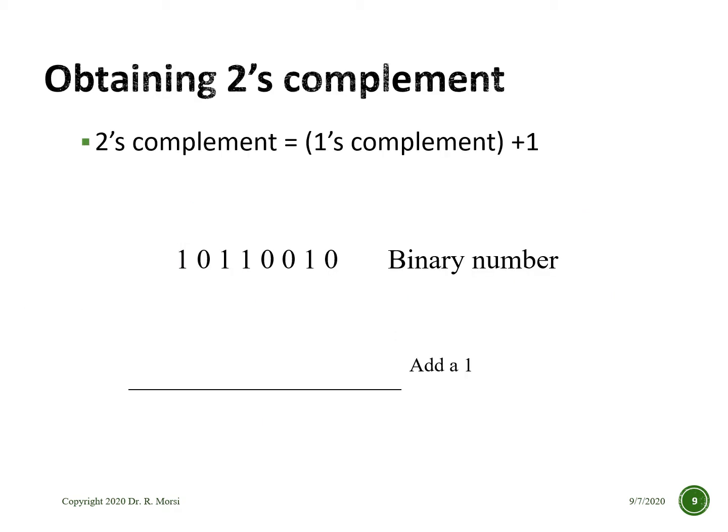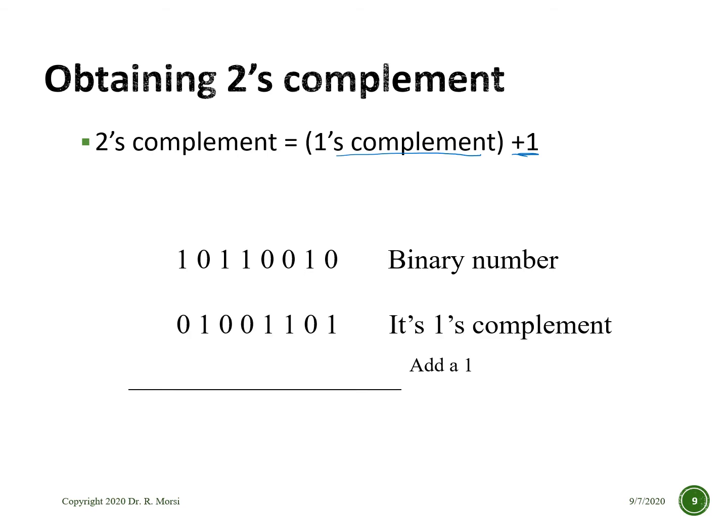Okay, now to get a 2's complement, what you need to do is get the 1's complement and then add a 1 to it, to the least significant bit. So let's start with the binary number 10110010.